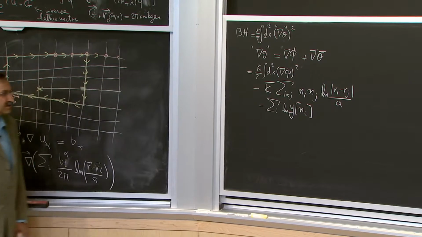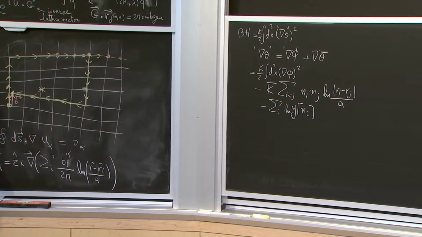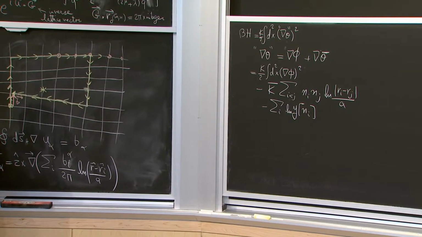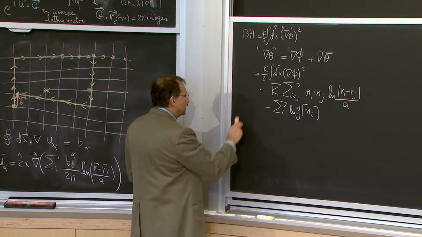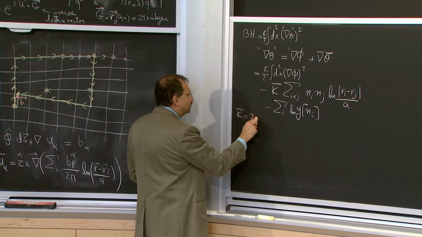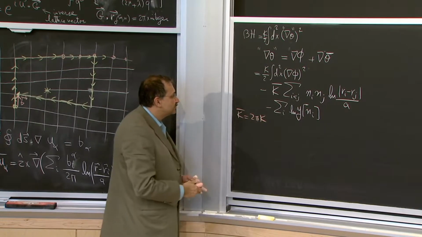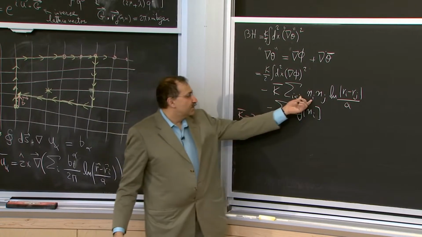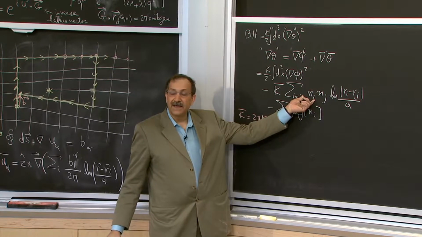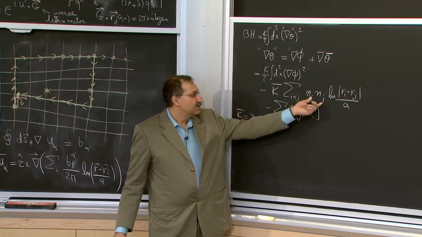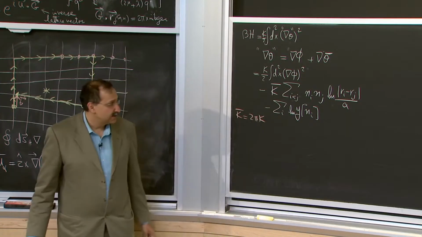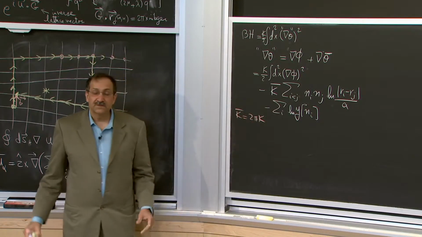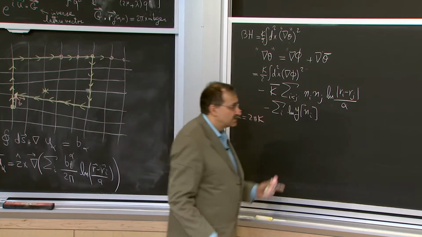So the beta h, which is log of that, would be log of y. And actually this k bar, by the way, was simply 2 pi k. And it was 2 pi k because each one of these charges is 2 pi n. So there's 2 pi, but the Coulomb interaction really should be log divided by 2 pi. And so k bar becomes 2 pi k times this. Okay?